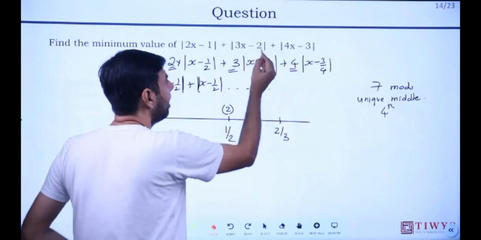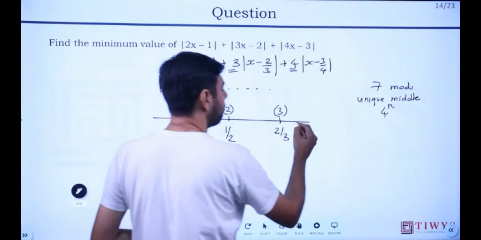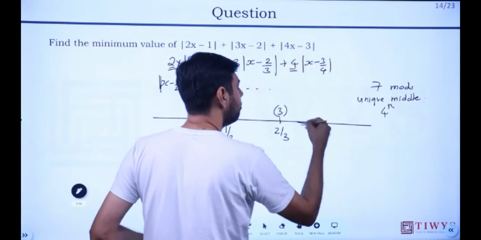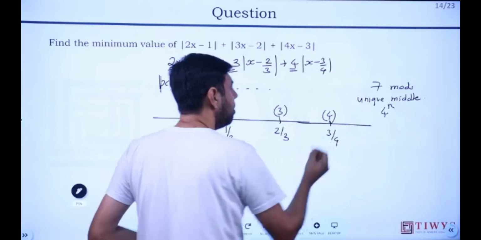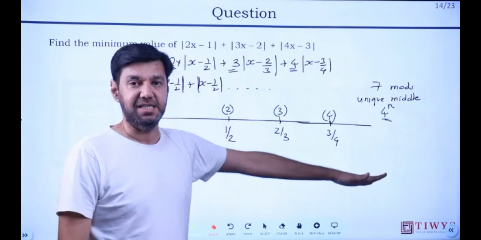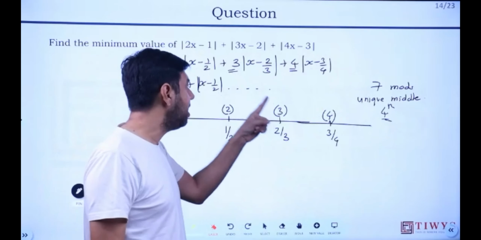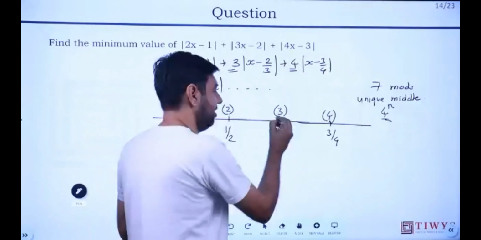Now 2 by 3, how many people are there? There are 3 people. And this is 3 by 4. So 3 by 4 is going to be even further. 3 by 4, and how many people are there? 4. So 7, where is the 4th guy? From which end? From any end. 1, 2, 3, 4. Here he is. So this is the point.